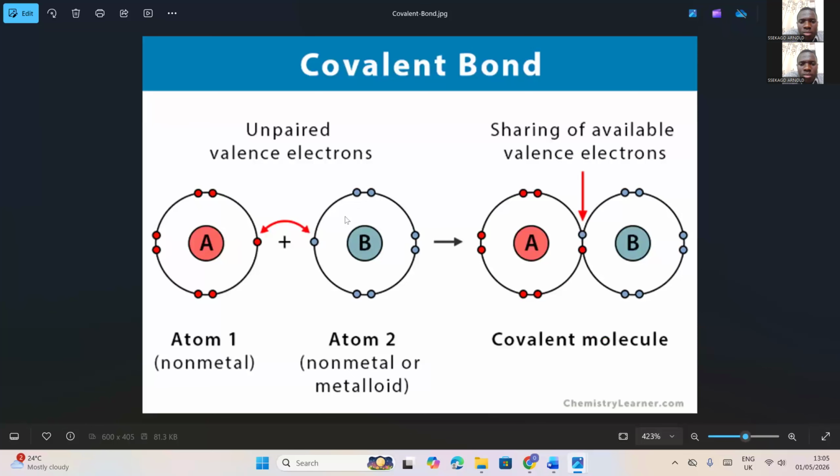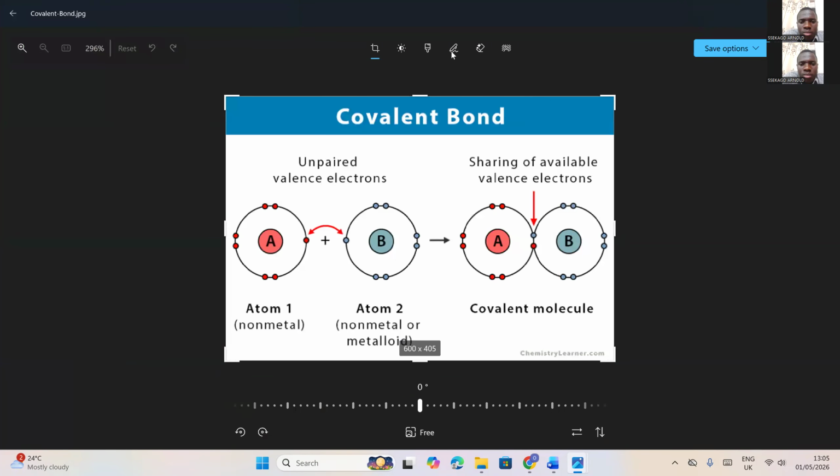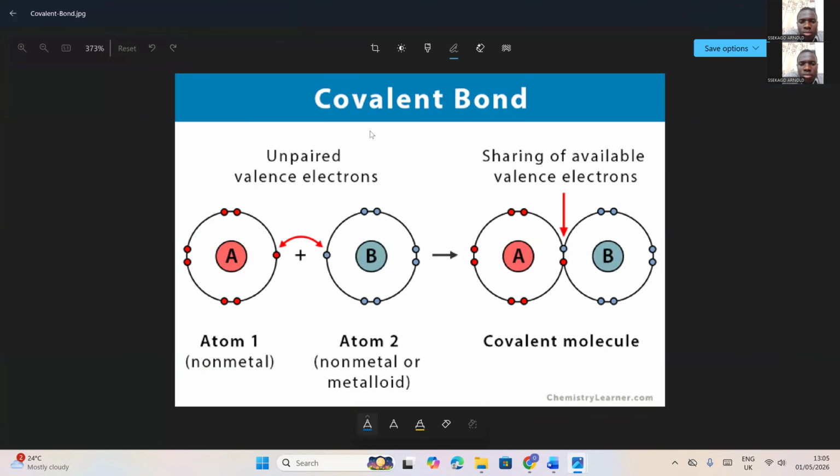For example, in this case, I am illustrating the formation of chlorine gas.